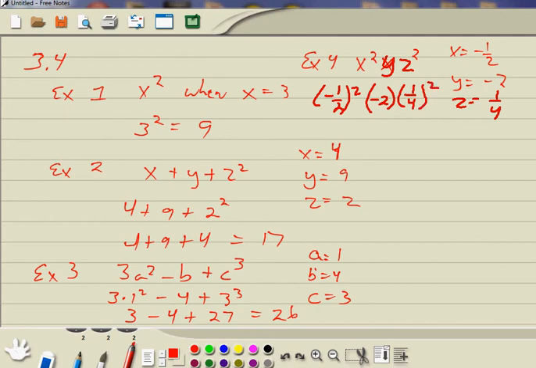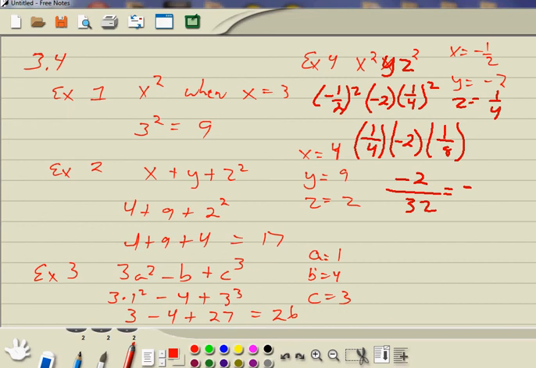1/2 times 1/2 is 1/4, and because it was negative, a negative times a negative is a positive. Times a negative 2 times 1/4 times 1/4 is 1/8. Okay, and I multiply across. I've got negative 2 on top and 32 on the bottom, which reduces down to a negative.